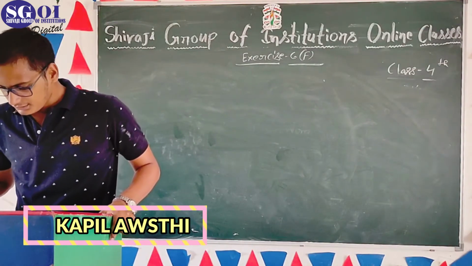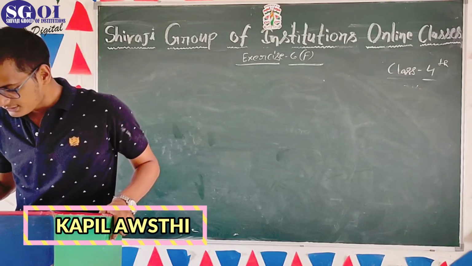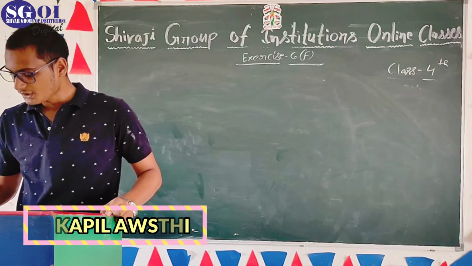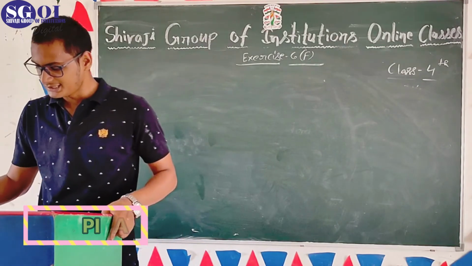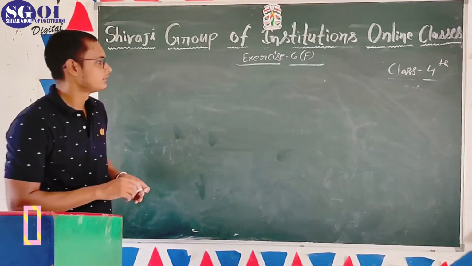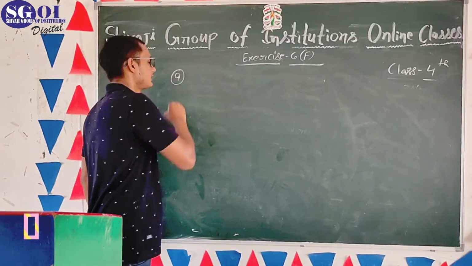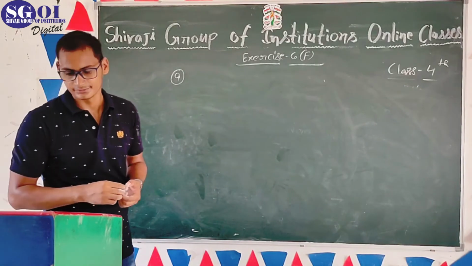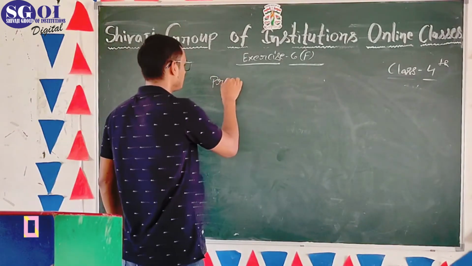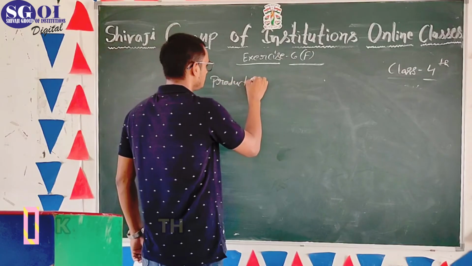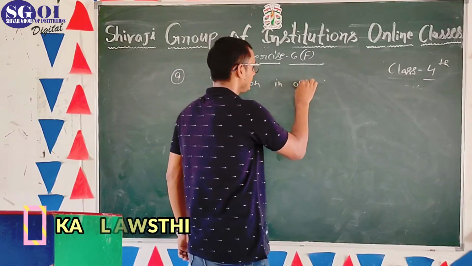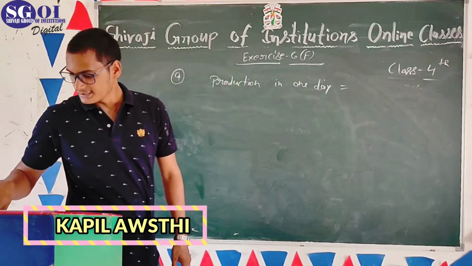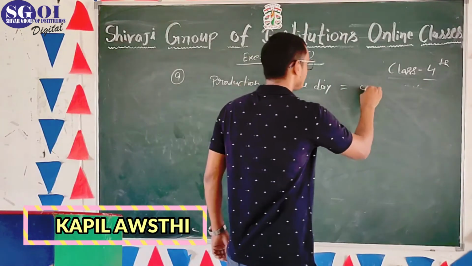Question number 9. A candle factory produces 814 candles in a day. How many candles will this factory produce in 1 year? Production of candles in 1 day is equal to 814 candles.